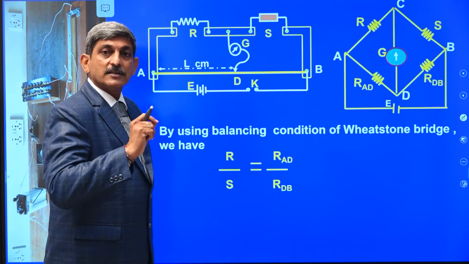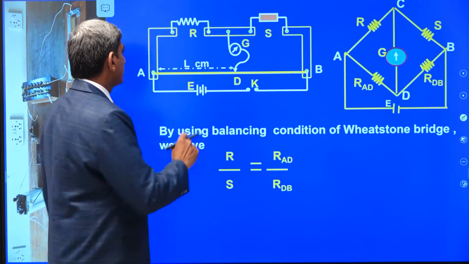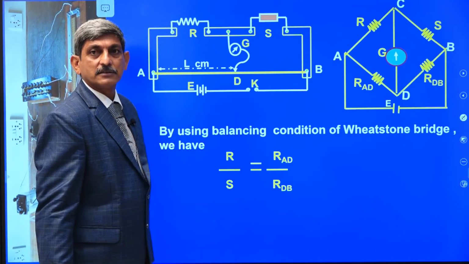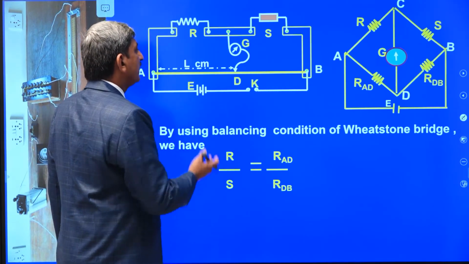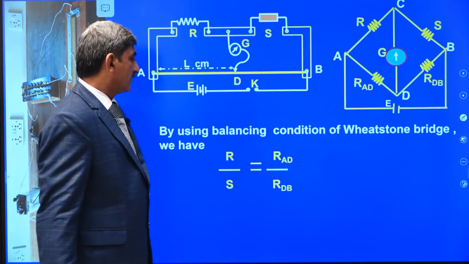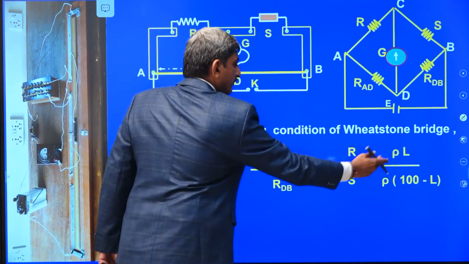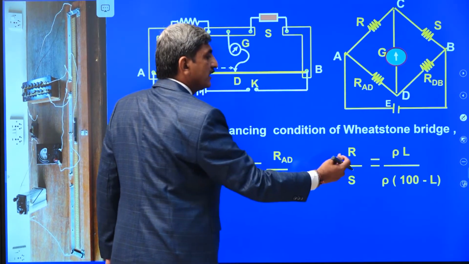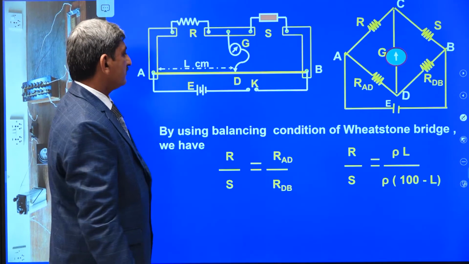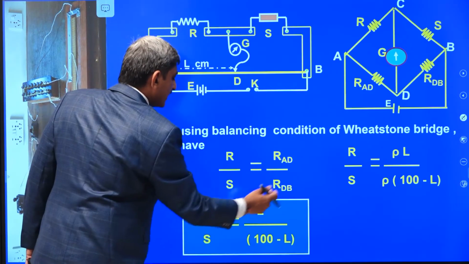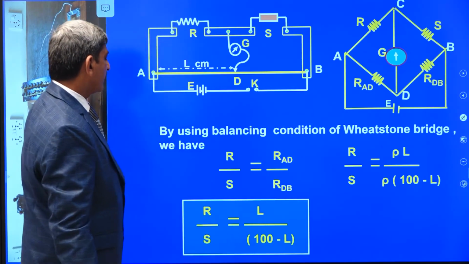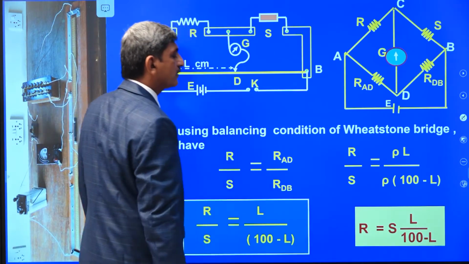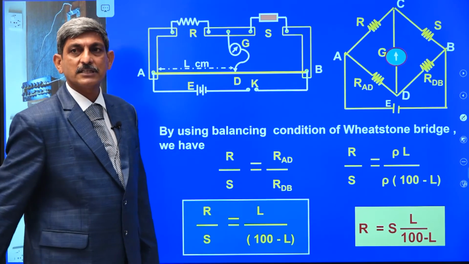Under that balancing condition of the bridge, measure the balancing length L of the wire. By substituting the balancing length in this equation, we can determine the unknown resistance R value by using the formula R is equal to S into L by 100 minus L.